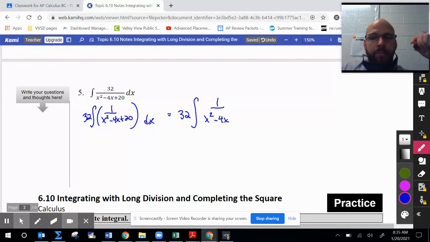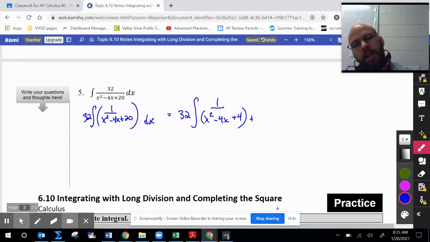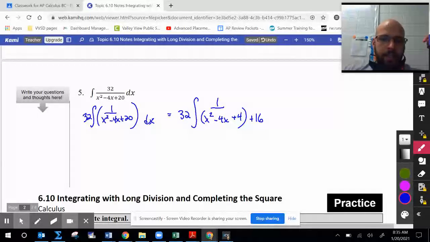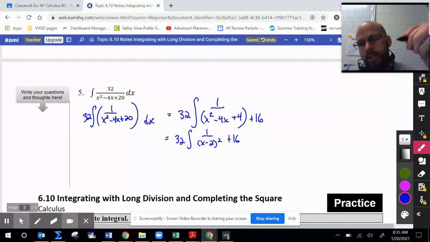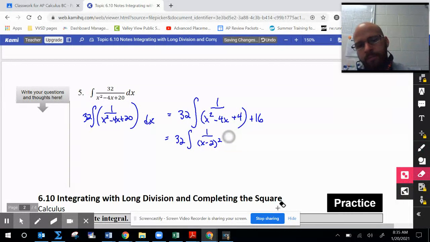Now if I divide that by 2 and square it, my perfect square trinomial would be plus 4, which means I'm going to have an extra 16 on the outside because I broke that 20 apart into 4 and 16. So now I can say I have 32 times the integral of 1 over x minus 2 squared plus 16. Sorry, that 16 should be in the bottom.